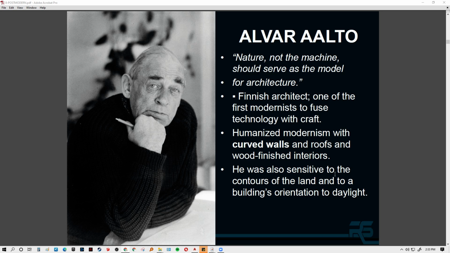So with this, we should always consider our environment and the people who are using it before we consider the other technologies that we have, or rather we should fuse that technology in order to give a better approach to the design that will benefit us as users. He's a Finnish architect, one of the first modernists to fuse technology with craft.